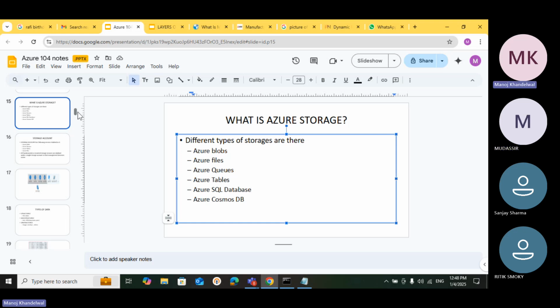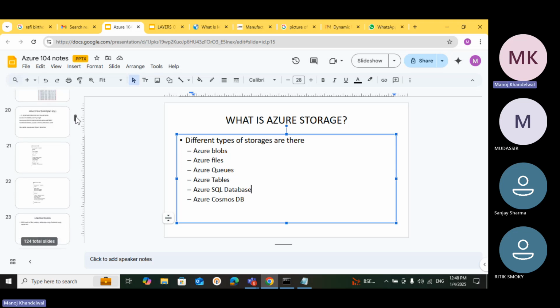Okay, then the next question is what is blob storage used for?